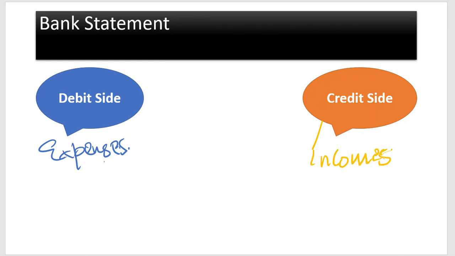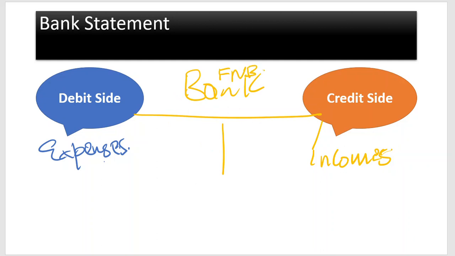So money comes into the business, into the bank account. Remember, this is a bank, maybe FNB or whatever, with debit and credit. The bank statement is plus and minus.